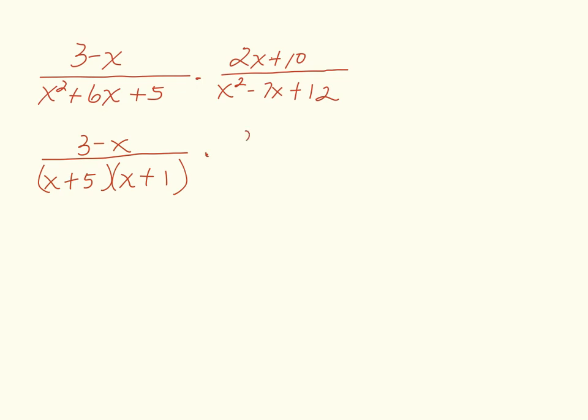So we have 2 that factors out over here, and that leaves us an x plus 5. Then we have an x and an x, and I need 2 numbers that multiply to positive 12 but add to negative 7. That's a negative 3 and a negative 4.